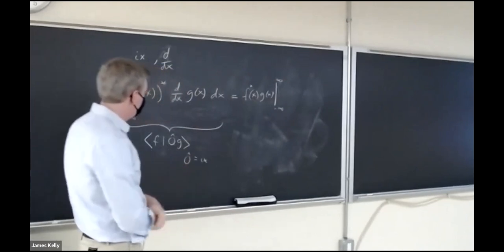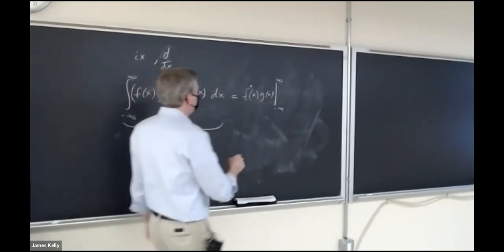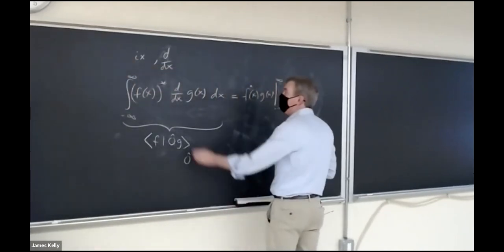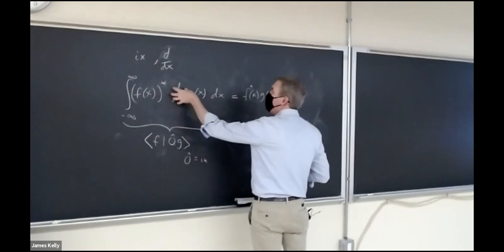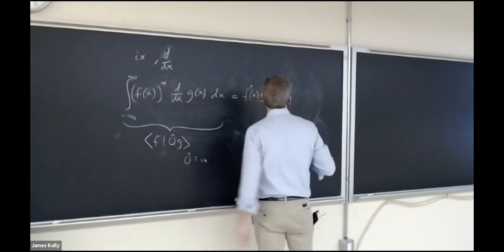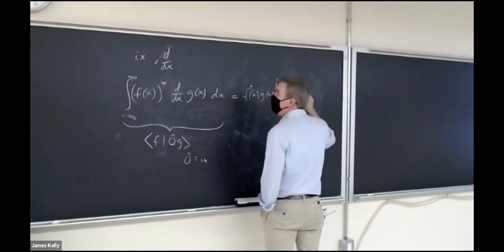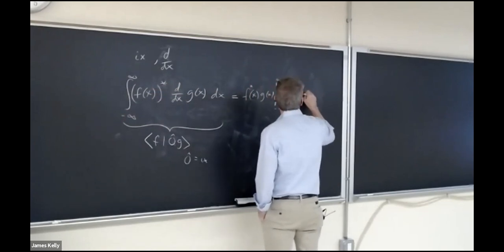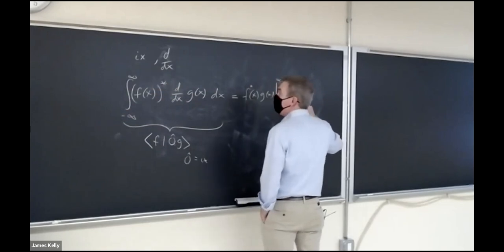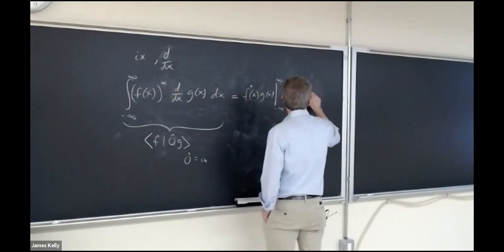At least in physics, we call that a boundary term, minus the integral with this derivative placed on the other one. Okay, so integral minus infinity to infinity of the derivative with respect to x of f of x star.